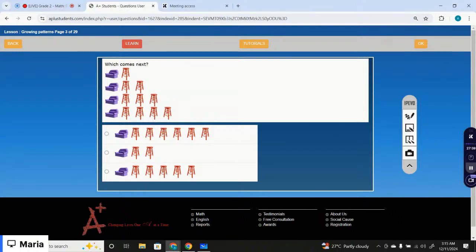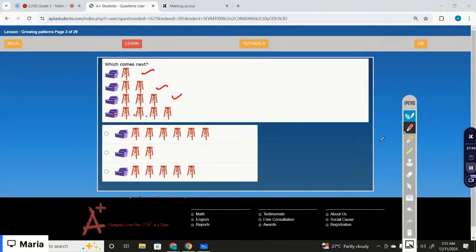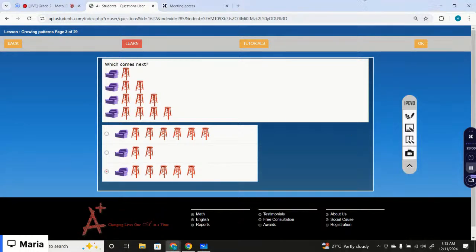So which is the correct option? You have only one sofa. The bench is increasing by one every time. One, two, three, four. So that means for the next one you have one sofa and five benches. So which is the correct option? Option number three is the correct option. Very good.